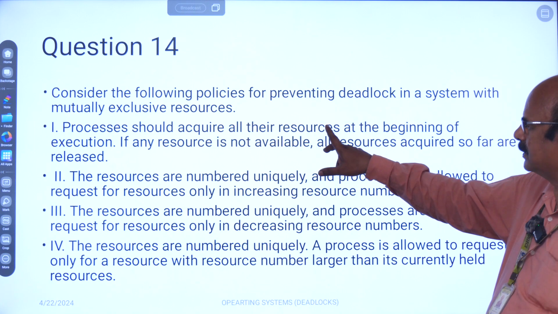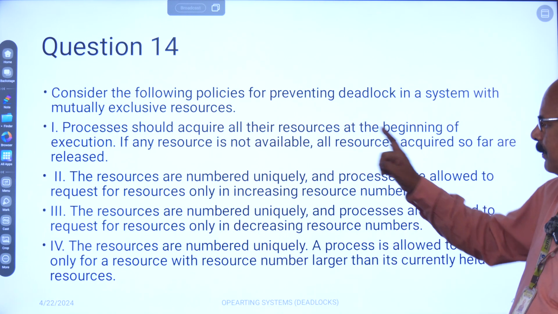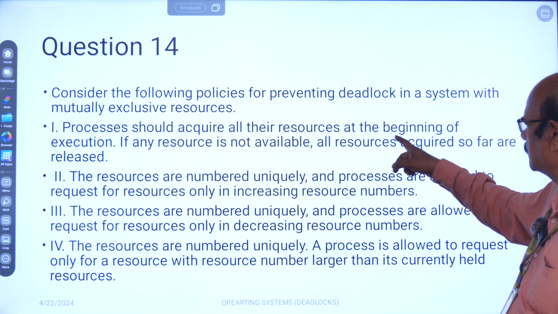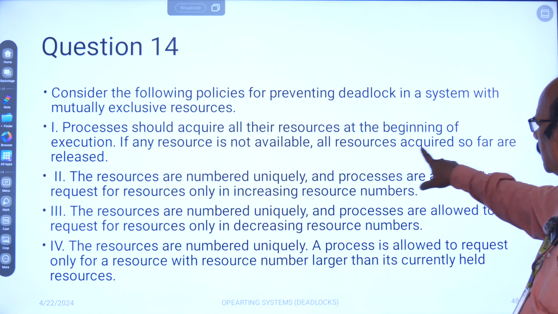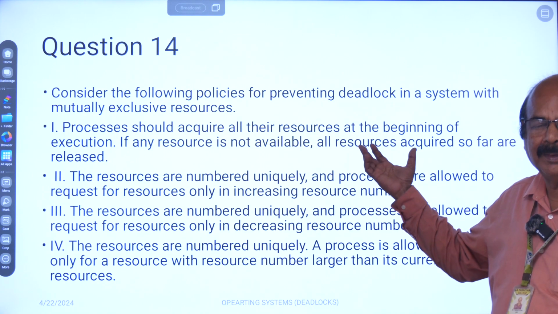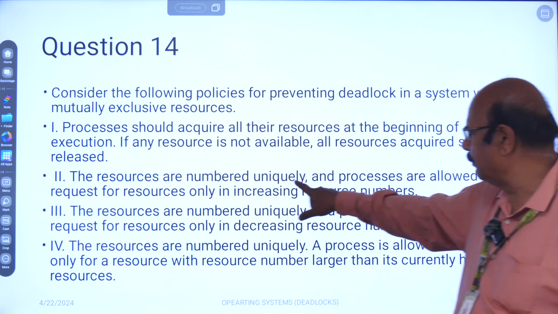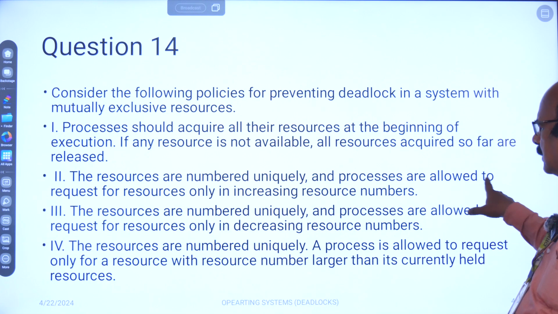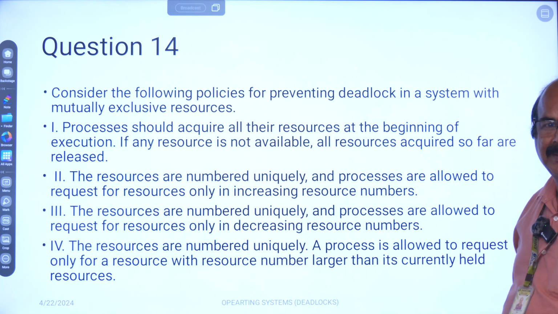Let us see what the question reads. 4 policies have been explained here. First, a process should acquire all its resources at the beginning of execution. If any resource is not available, all the resources acquired so far can be released. Next, the resources are numbered uniquely and processes are allowed to request resources only in increasing resource numbers.